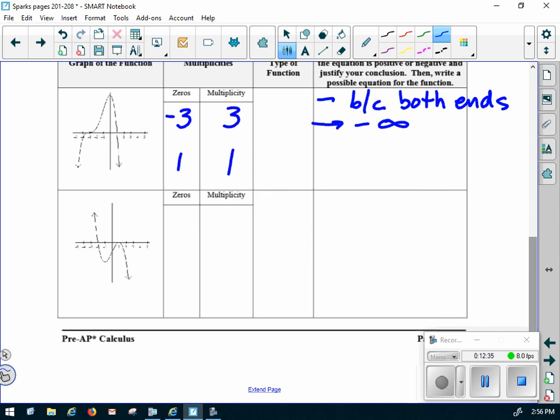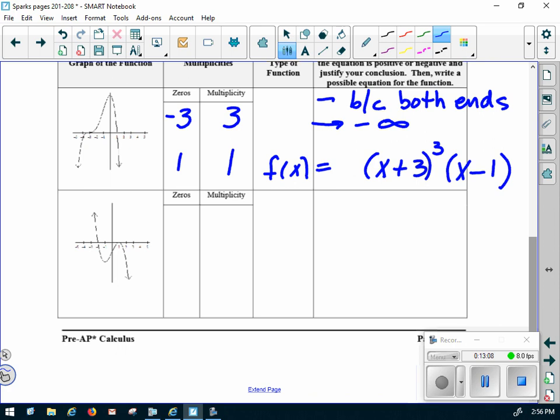If -3 is a zero or a root, what factor did it come from? So I'm going to write f of x equals, now I want you to leave a little space here and I'll tell you why in a minute. (x plus 3) cubed. If 1 is a zero, what factor did it come from? x minus 1, how many times? Now you remember I told you that the leading coefficient might be 1 and it might not be 1.